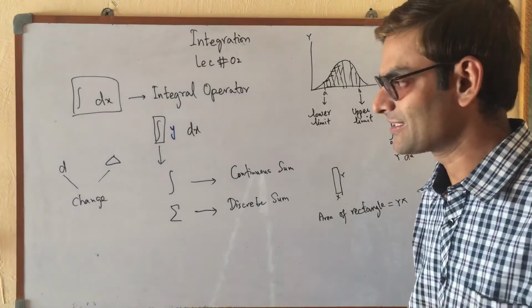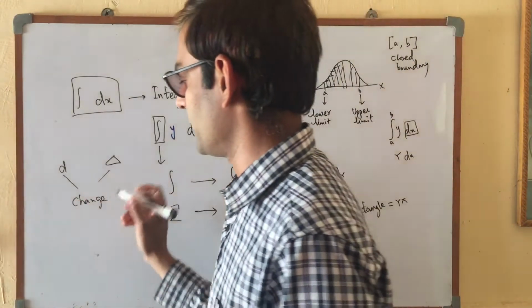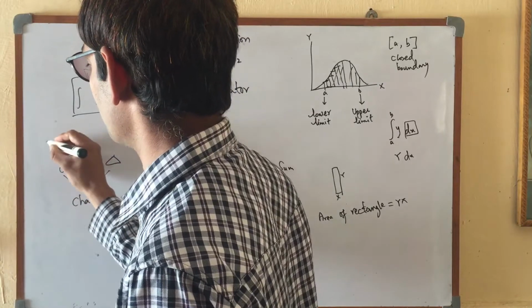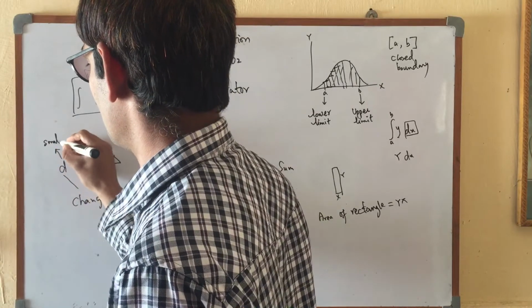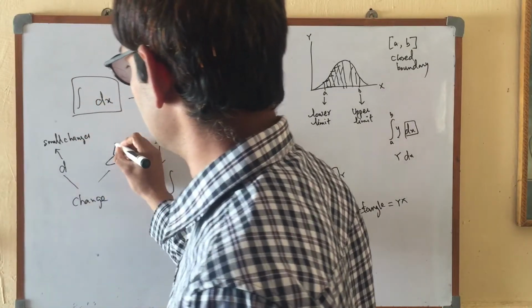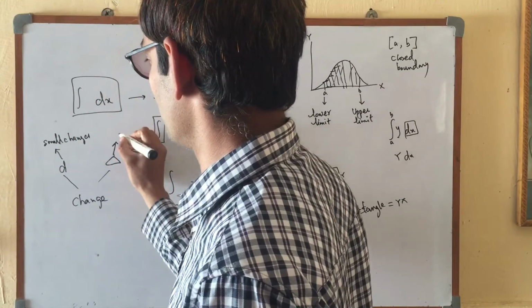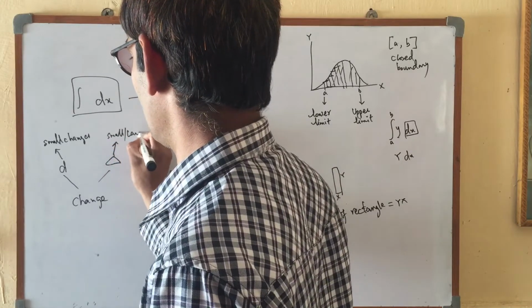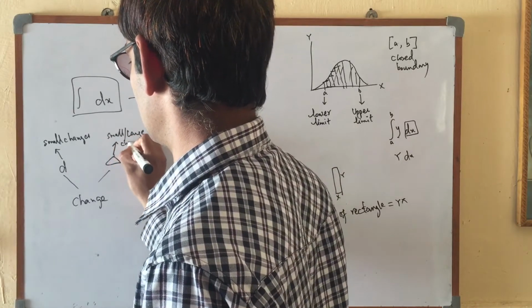So what is the difference? There is still a difference between small d and capital D. We use small d for small changes, and capital D is used for small and large changes.